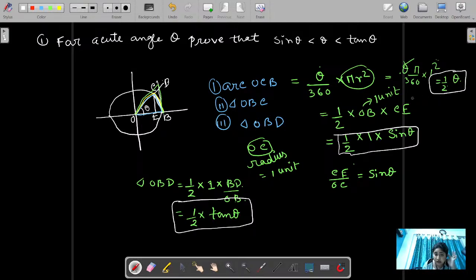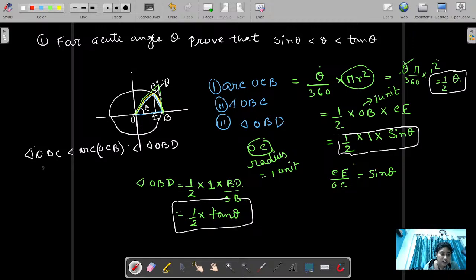If I compare, from the image also you can notice that the area of triangle OBC is less than the area of arc OCB, which is less than the area of triangle OBD.